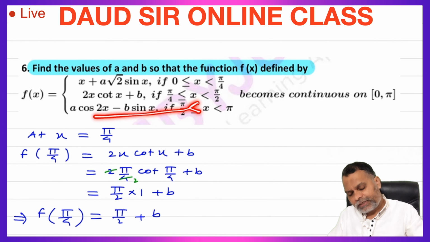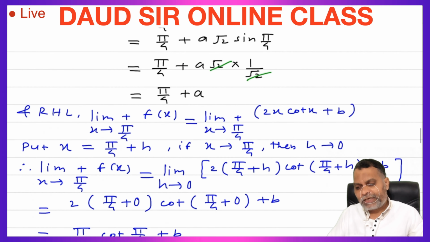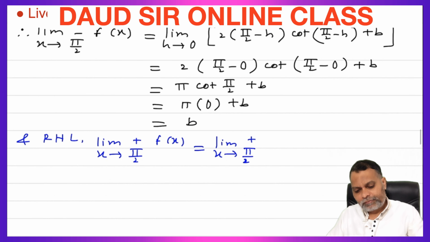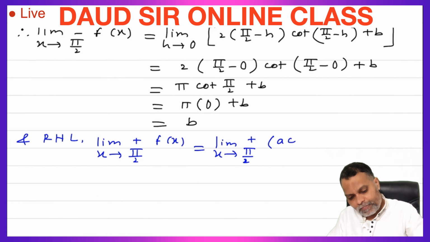So take this function a cos 2x minus b sin x.